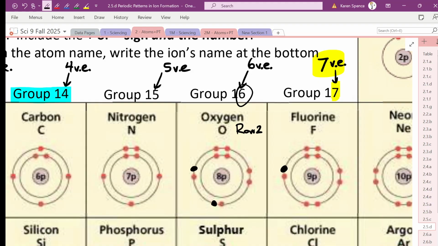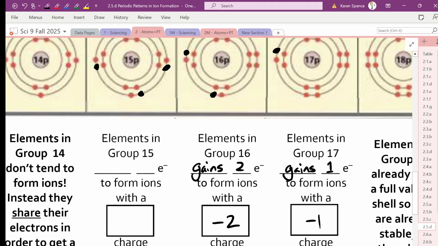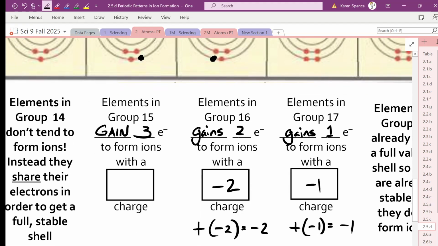So 3 or less, you'll lose. 5 or more, you will gain. Okay, so this guy, we're going to add 1, 2, 3. Phosphorus, 1, 2, 3. And so elements in group 15 gain 3 electrons to form ions with what kind of charge? Negative charge, negative 3.